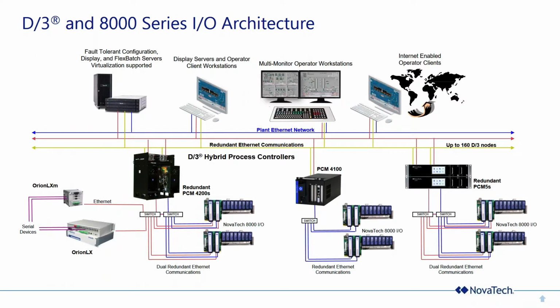So what does it look like when you put the 8000 I/O with the rest of the D3? This is a sample architecture picture of a D3 system. We're going to focus down below E0 and E1 on the I/O side. You'll notice that we have PCM 4200s, 4100s, and PCM 5s. You need one of these 3 types of PCMs with 8000 I/O. The way it works in a redundant system, you have an A and B micro.